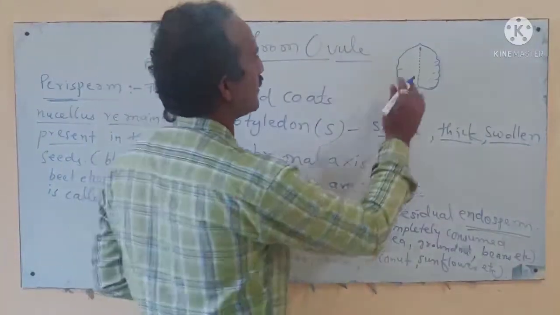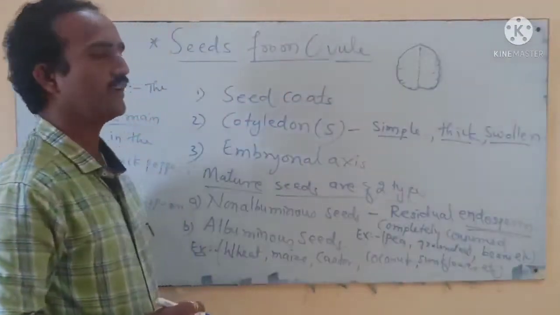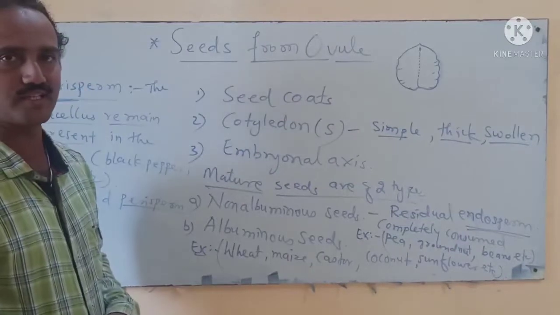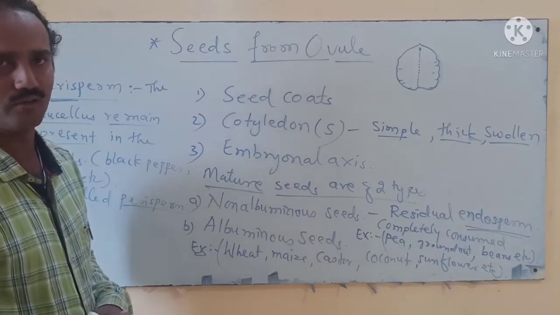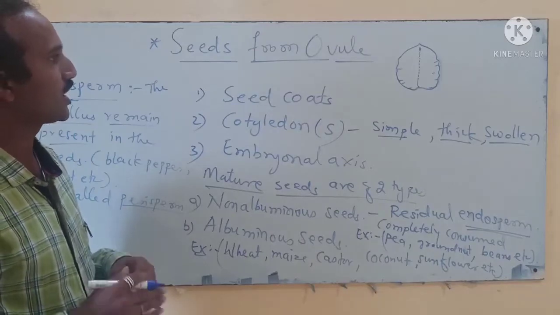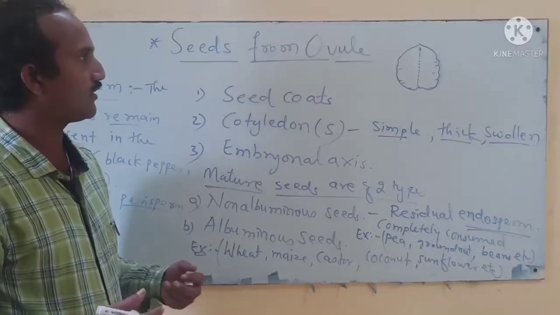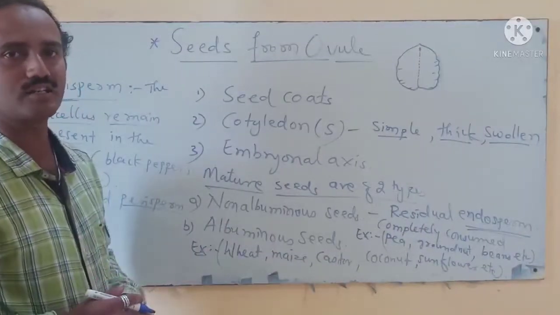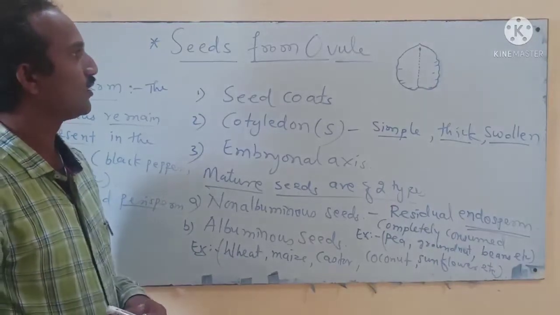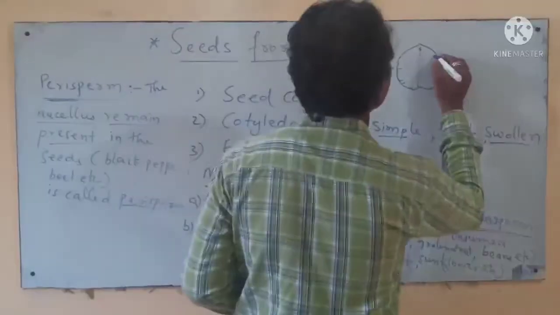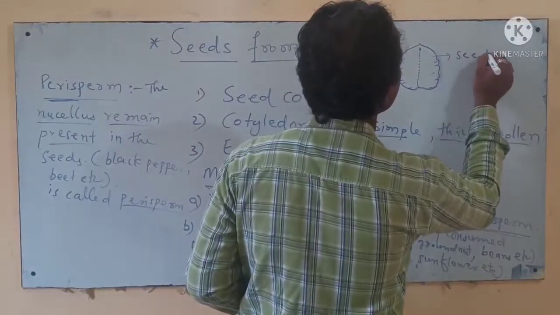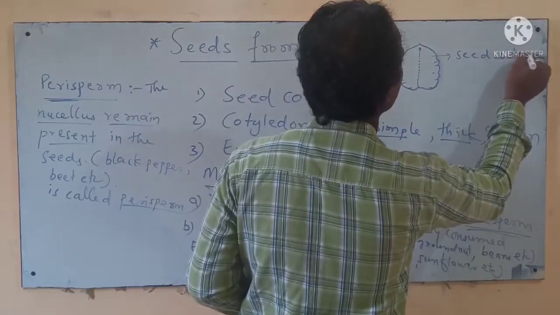Over that there is a hard coat, made from the integuments of the ovule. These integuments become hardened and tough, and that hardened tough layer formed over the seed is called the protective seed coat.